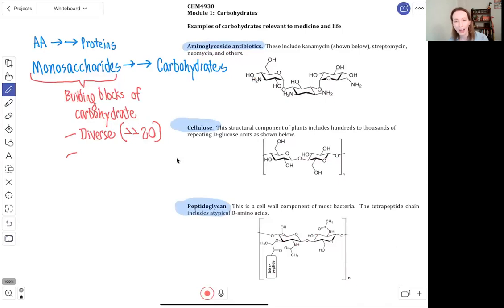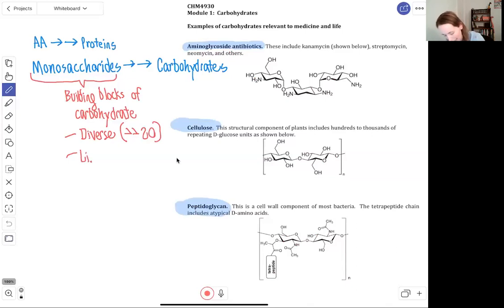Additionally, in contrast to joining amino acids to form peptide bonds, where there was one linkage type that formed, the amide bond or the peptide linkage, when we're thinking about joining monosaccharides together to form carbohydrates, there are many ways that the units link together.